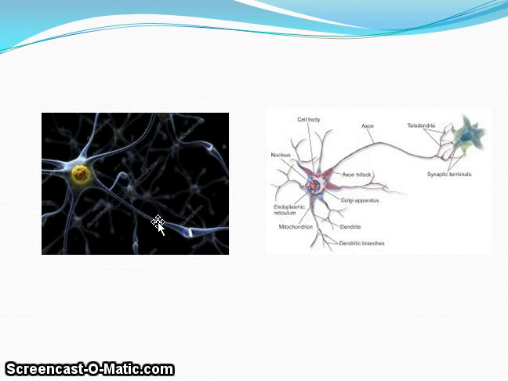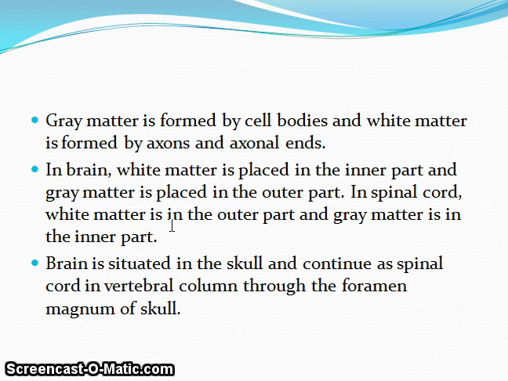I hope I am clear over here. Once again, this part is known as nerve cell body. It consists of nucleus. When lots of neurons are together, the upper portion, the nerve cell bodies together, will comprise the gray matter, and this lower portion will comprise the white matter. Gray matter is formed by cell bodies and white matter is formed by axons and axonal ends.